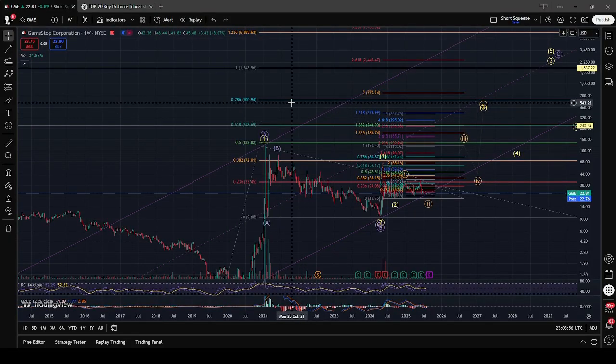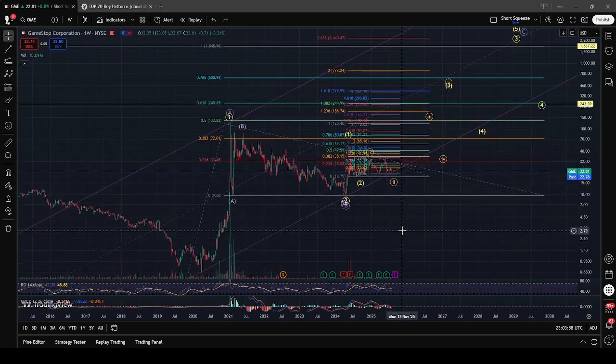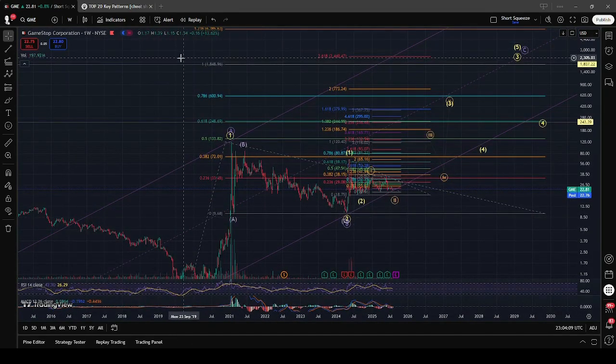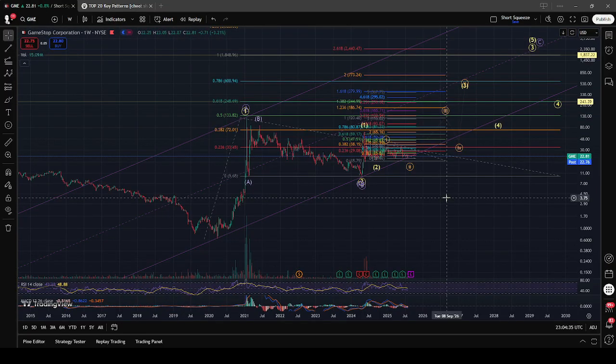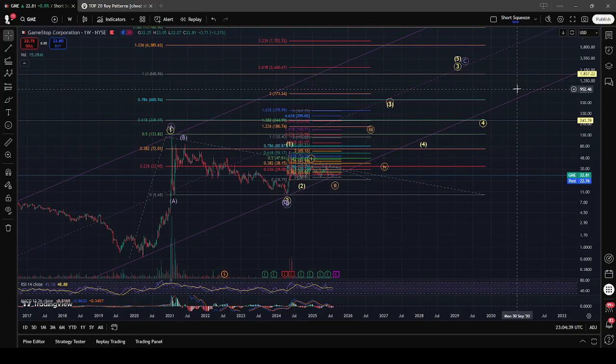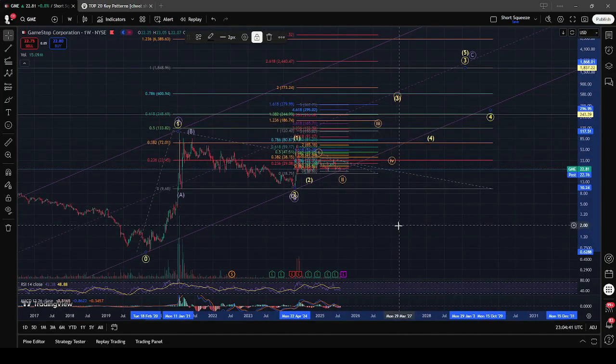How can you be bearish about this? The fact that this is A and it retraces back down here would bring GameStop ultimately to $1,800. Let's just say that C ends up being 0.618 the length of A.